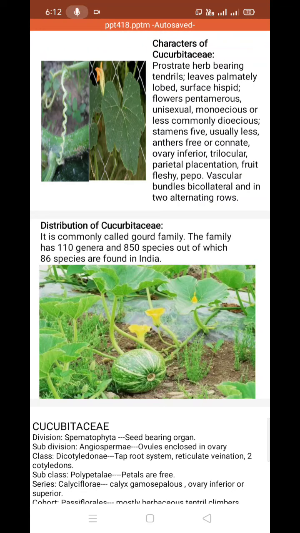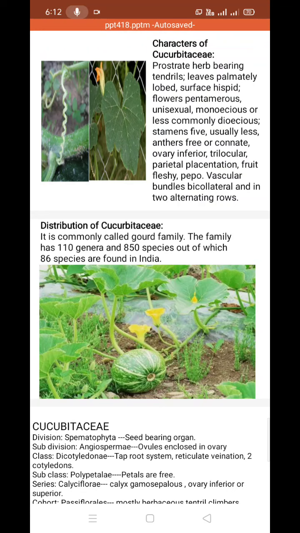In these plants, the stamens are five and usually the anthers are free or connate. Then ovary is inferior, that means above the ovary all floral parts are arranged.